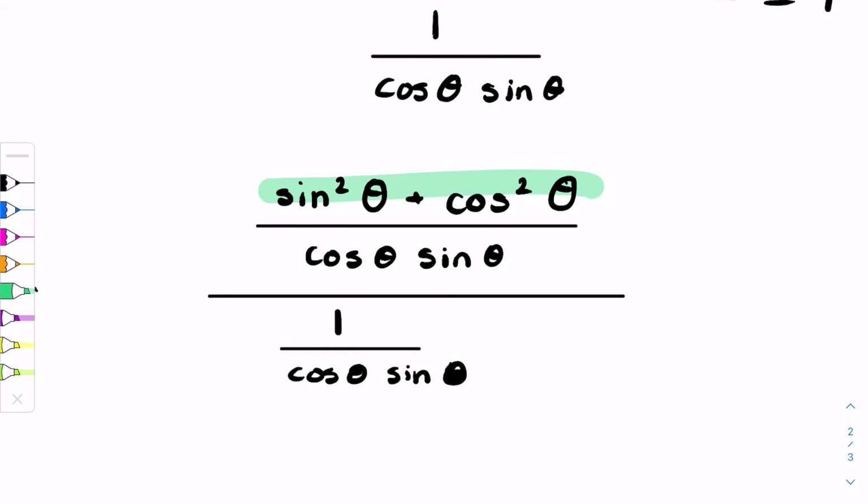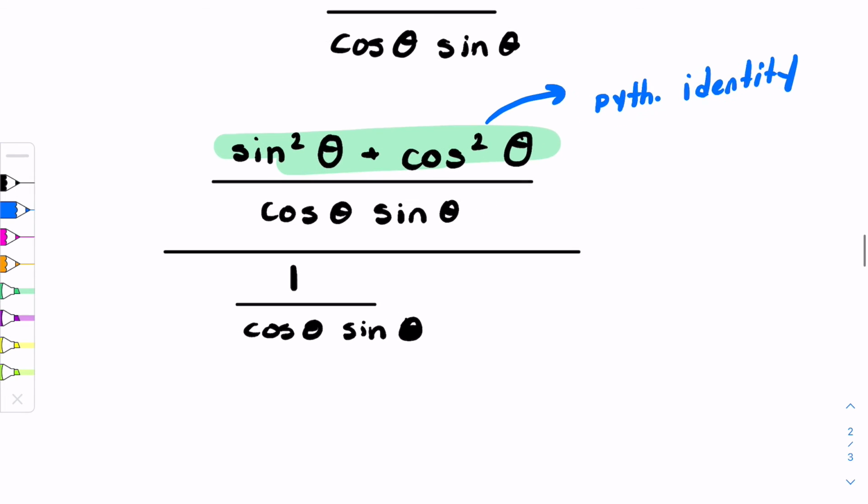Now this right here is going to be a Pythagorean identity. And the Pythagorean identity says that sine squared plus cosine squared is equal to 1.